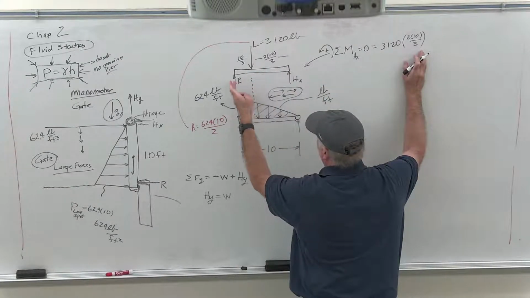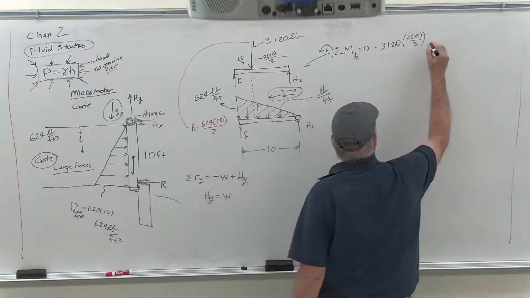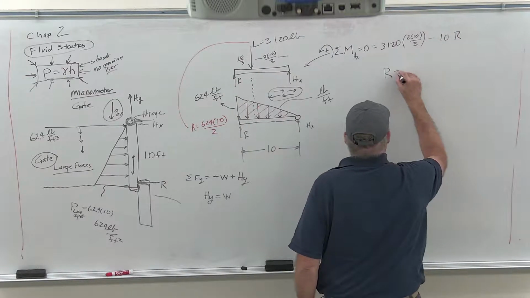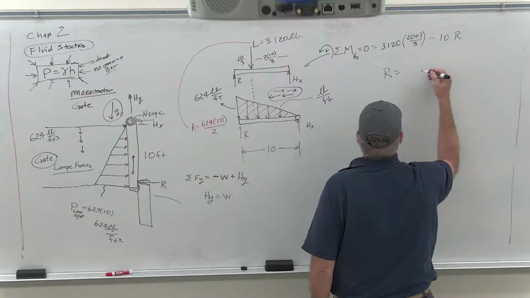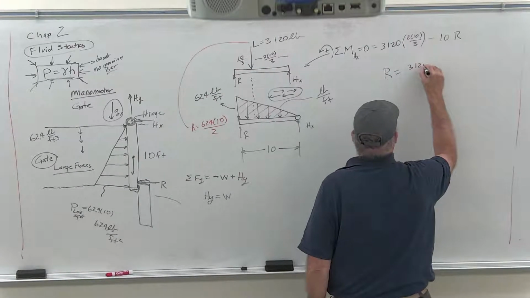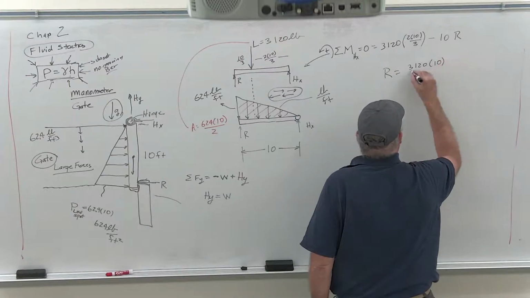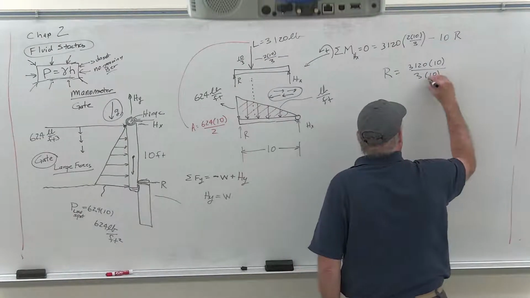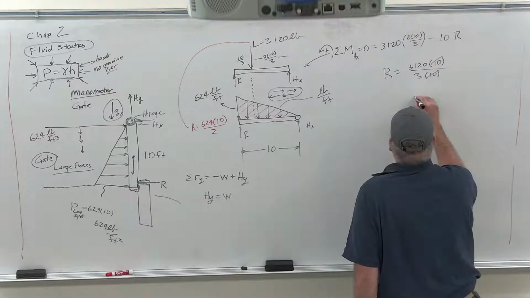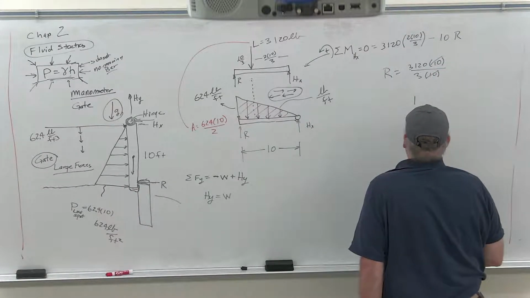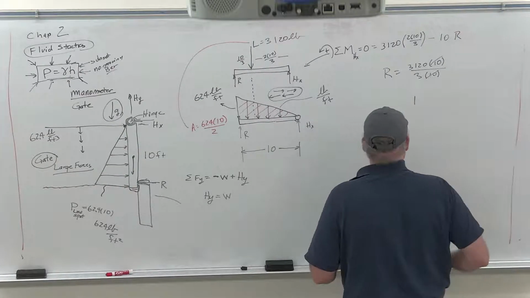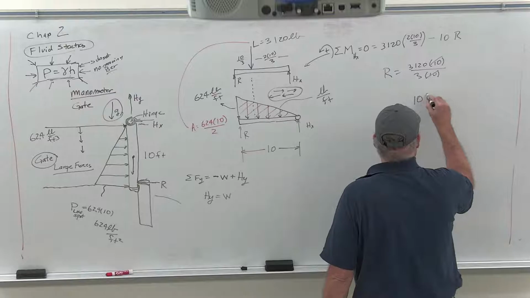Then I'm looking at the entire distance, just 10 times R. So the reaction load ends up having to be 3,120 times 10 over 3, and slipping the 10 under there means 3 times 12 is 40. 1040.